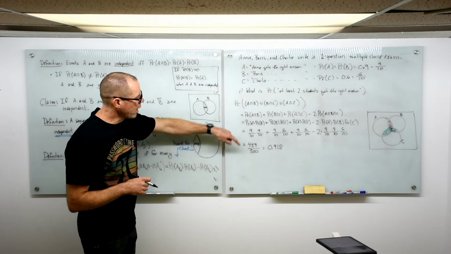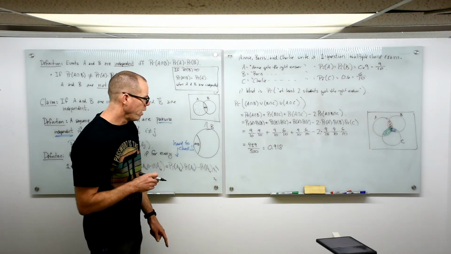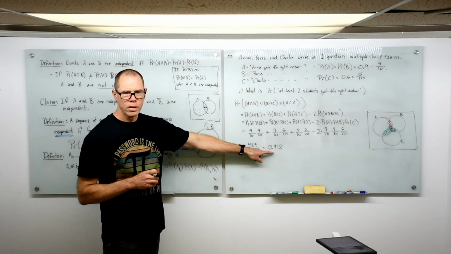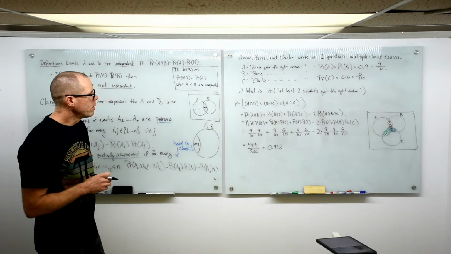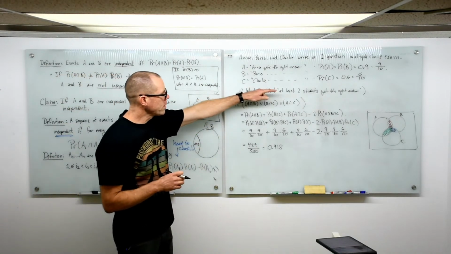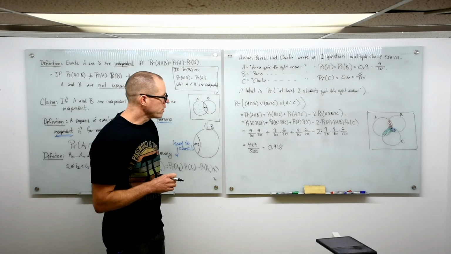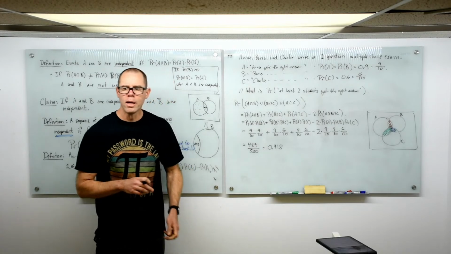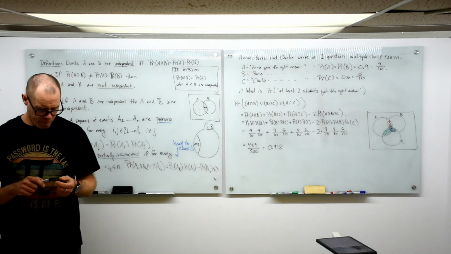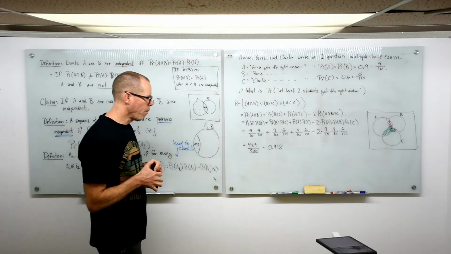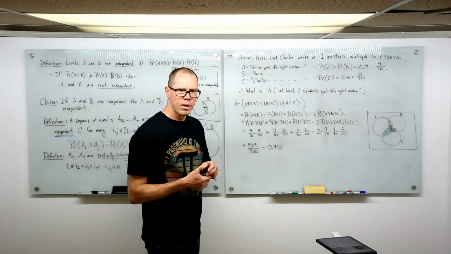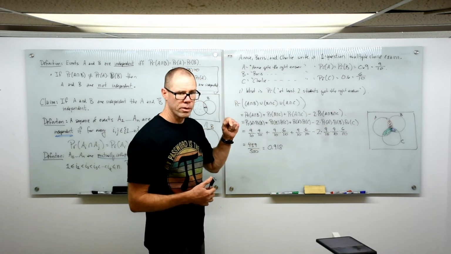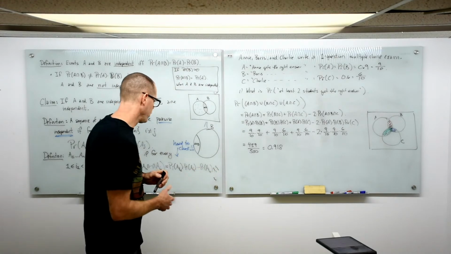So do this with a calculator, you get 459 out of 500, or if it's a calculator that doesn't like fractions, it'll give you this number here. So the probability that at least 2 students get the right answer is 0.918. So 91.8% of the time that I do this exam, at least half the students will pass, if these are my 3 students. Okay? Good.